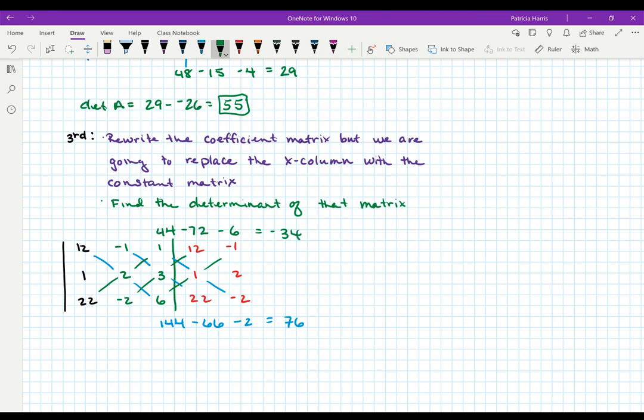Okay, now we're going to call this new determinant matrix X. Okay, remember it's bottom minus top.